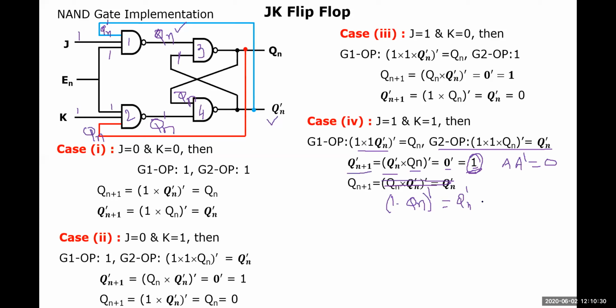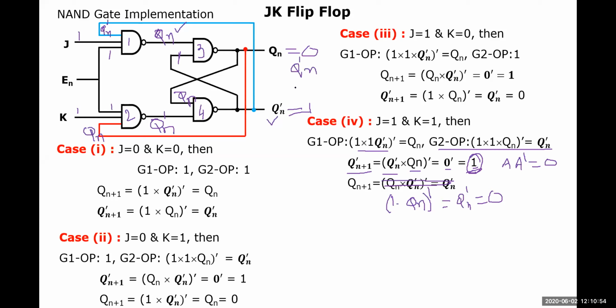Obviously, the opposite form must be equal to 0 here. So here you got 1, and obviously it must be equal to 0. What does it mean? At the Q complement n position you got 1, and at the Qn position you got Q complement n here.